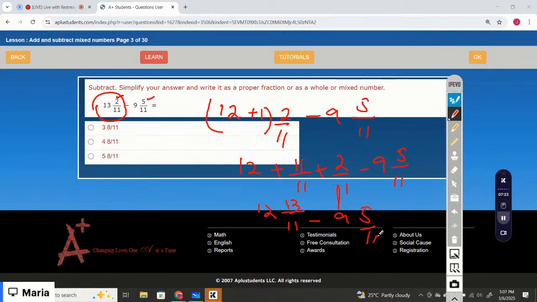Now you can subtract 5 out of 13. So 12 minus 9 is 3. 13 minus 5 is 8. That is 3 whole 8 over 11.